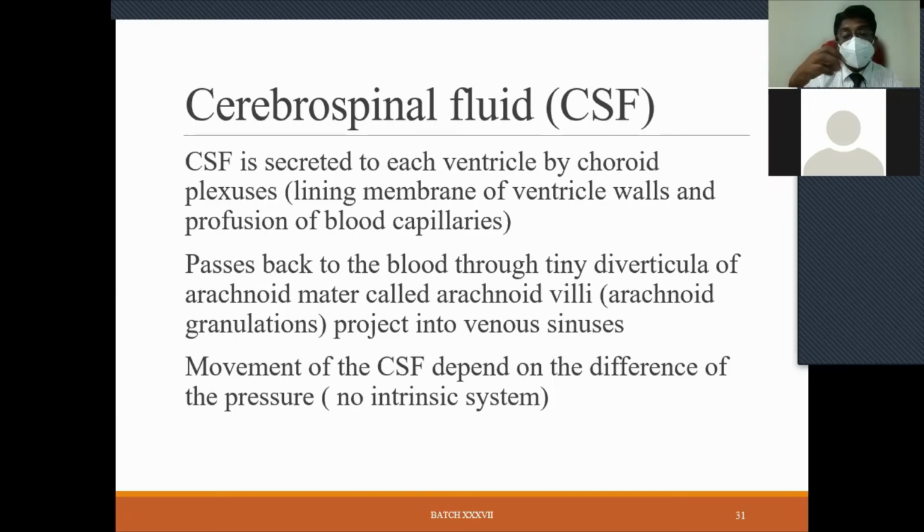It is taken to the venous sinuses and the venous blood, and carried away from the ventricular system.